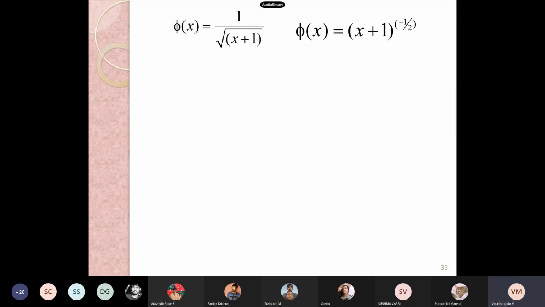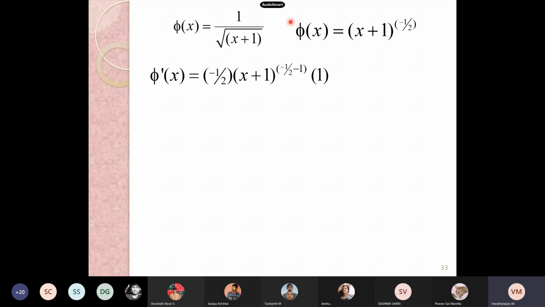So for that, I am calculating the pi dash of x. For getting my pi dash of x, I am rearranging this into x plus 1 power minus 1 by 2. So my pi dash of x is equal to minus, that is n into x power n minus 1, and the term which is considered as x has to be differentiated again.